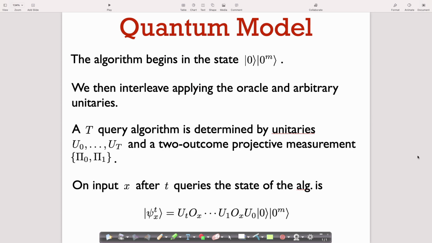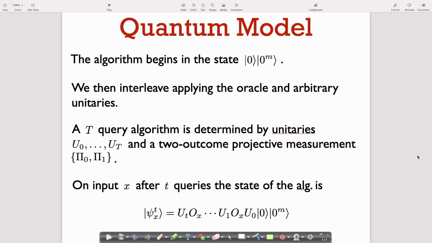So what happens in a quantum query algorithm? The algorithm begins in this all-0 state, and then we alternately apply the oracle and an arbitrary unitary. Remember that in the query model, we don't care about the complexity of operations. So you can apply any unitary you want.